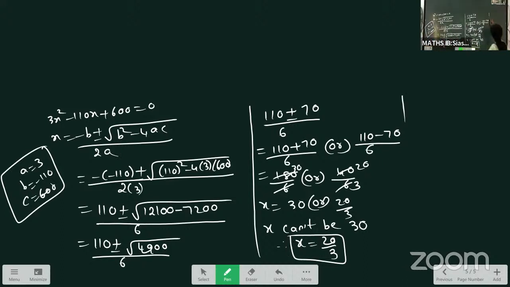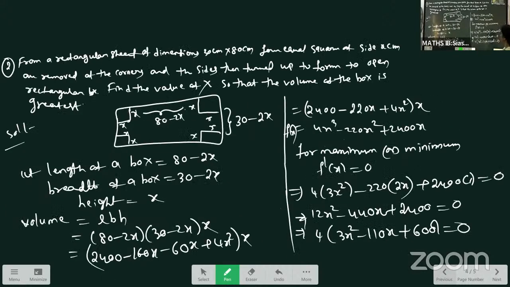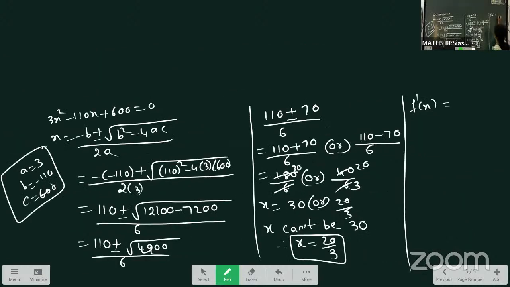Now, f dash x is equal to what we have? f dash x is equal to, we got 3x square minus 110x plus 600. So this is f dash x, right? So now differentiate this. So f dash x is 3x square minus 110x plus 600 we have.